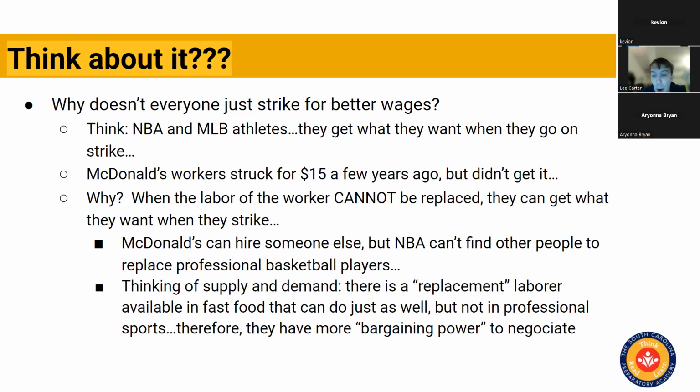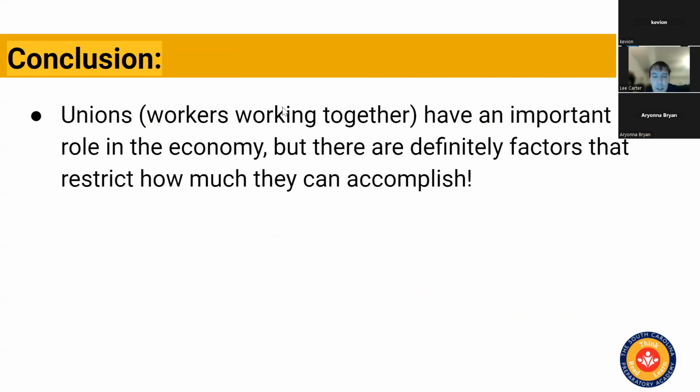Therefore, they have more bargaining power in collective bargaining to negotiate and get what they want. Very important example to really understand why sometimes strikes work and why they don't, and why everybody doesn't go on strike all the time. So in conclusion, unions, which is workers working together for better conditions, do have an important role in the economy, but there are definitely factors that restrict how much they can accomplish.